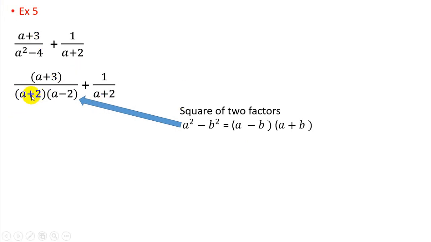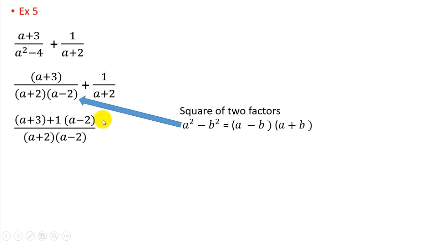So the denominators differ here. The LCM you get is a plus 2 into a minus 2. Now, a plus 2 into a minus 2 you divide by a plus 2 into a minus 2 in order to solve the first term. So you get 1 multiplied by a plus 3, which is a plus 3, that is mentioned here.